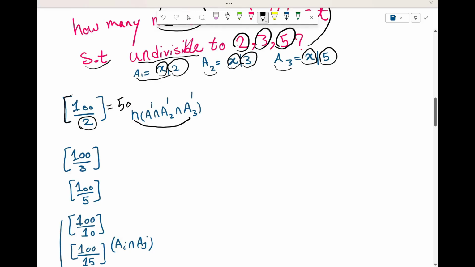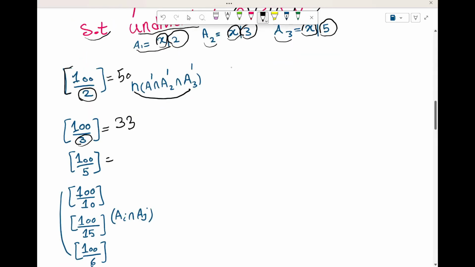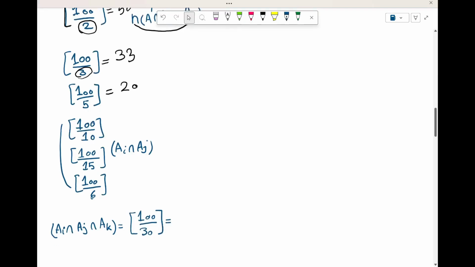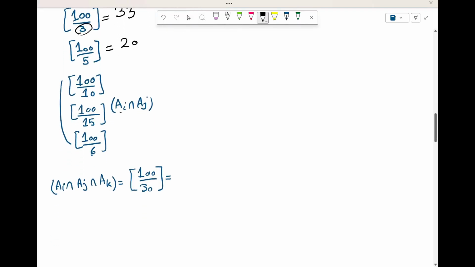The multiples of 3 are floor of 100 over 3, which is 33, and the multiples of 5 are 20. For the intersections, exactly, 2 and 3 gives 6, 3 and 5 gives 15, and also 2 and 5 gives 10. Therefore 100 over 10, the floor is 10.